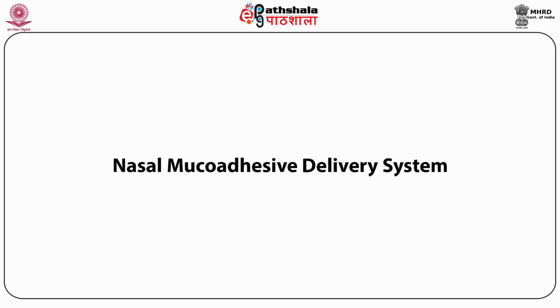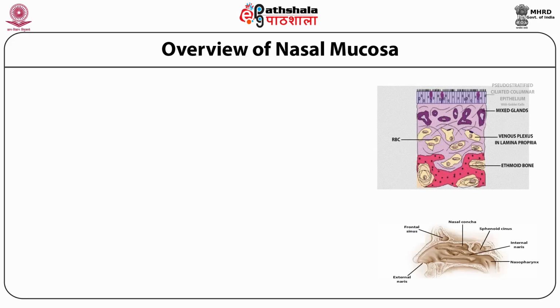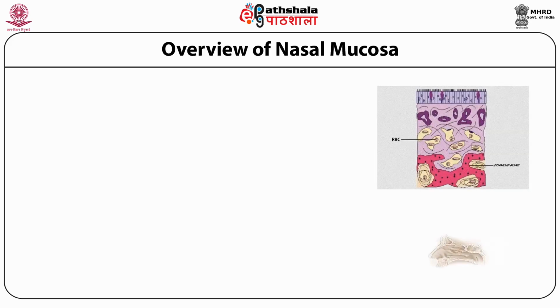The next system which we will be discussing in due course of time includes the nasal mucoadhesive drug delivery system. Before we get to understand the various formulation strategies for design and development of nasal mucoadhesive drug delivery system, let us very quickly take an overview of the nasal mucosa.